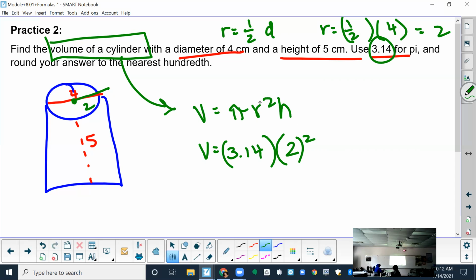Then it's squared per the formula. H, it says, is 5. Put that in your calculator.